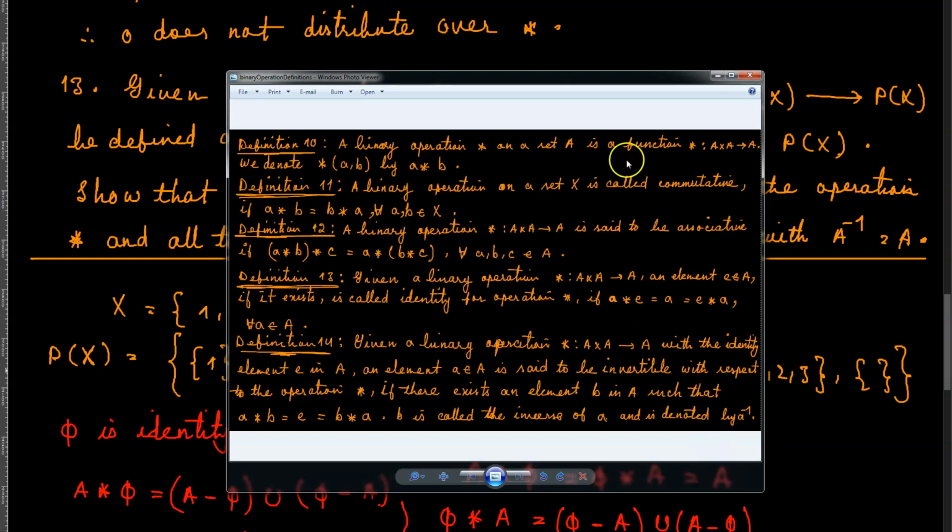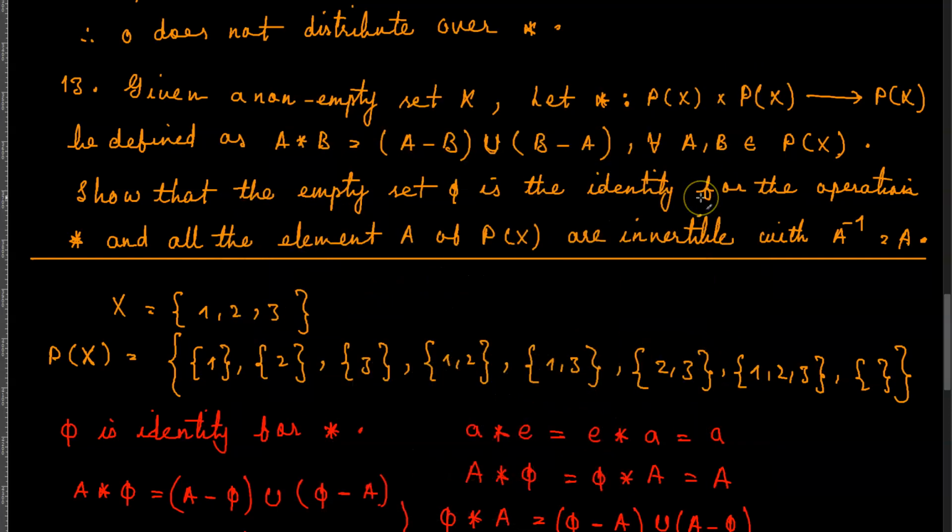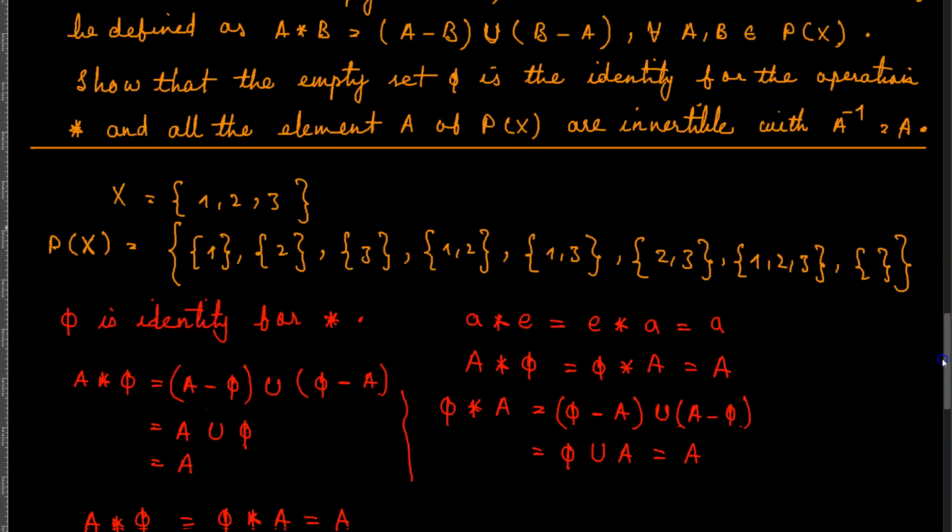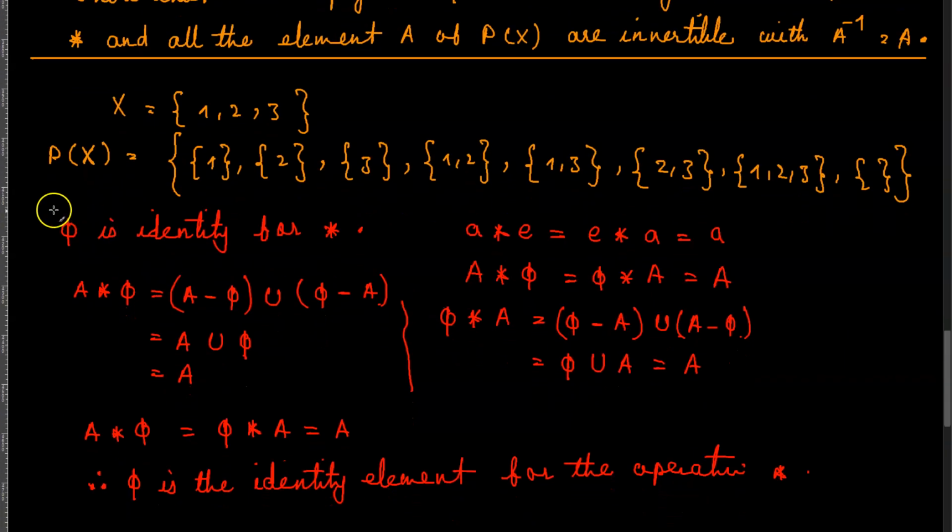So now we have established that the identity element does exist in P of X, so we have no problem with that.